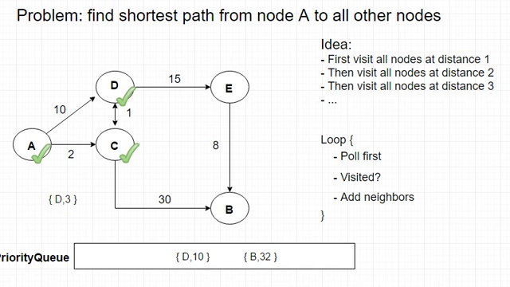Then we will add its neighbors, so we will add C4. We can go back to C with a distance of 4, and we can go to E with a distance of 18.